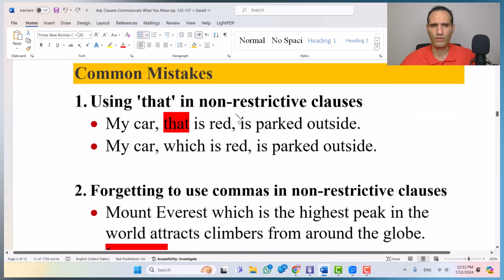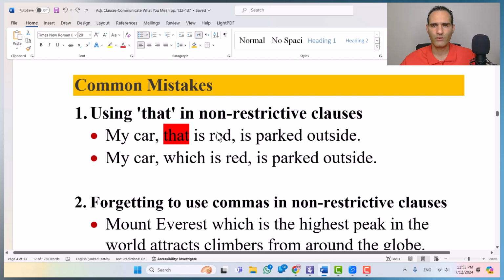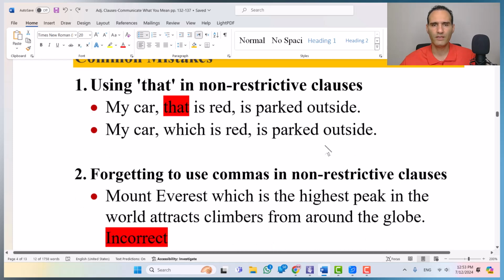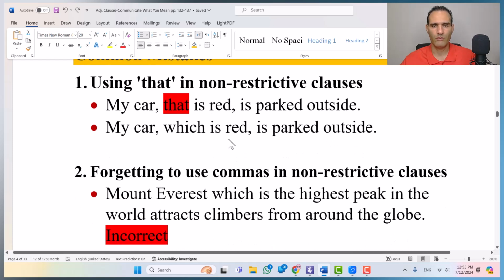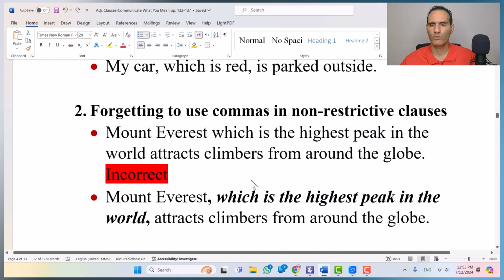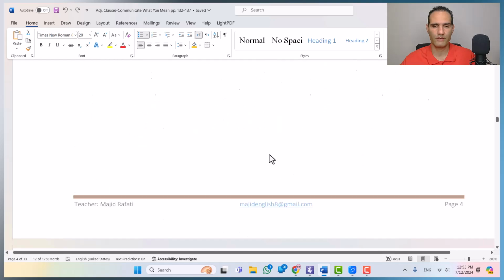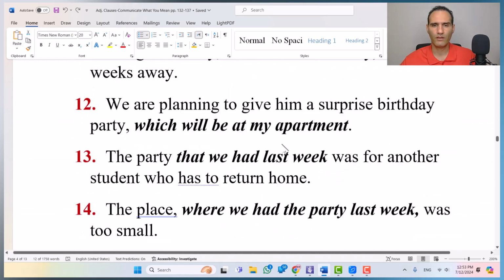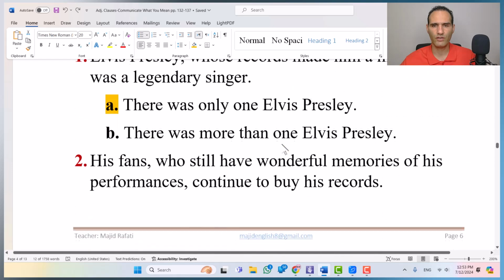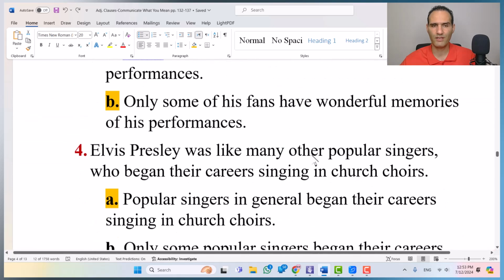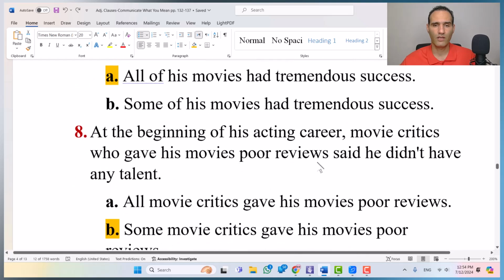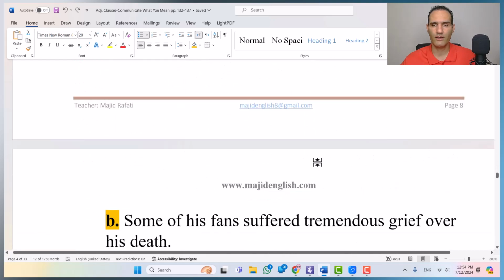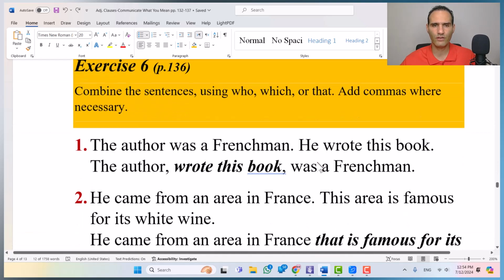Here I told you in unnecessary adjective clauses, please put which and commas. And when you use which, put commas. With that, no commas. The exercises that we covered and all the adjective clauses about Elvis Presley, a very useful exercise to open up our eyes on necessary, unnecessary adjective clause.